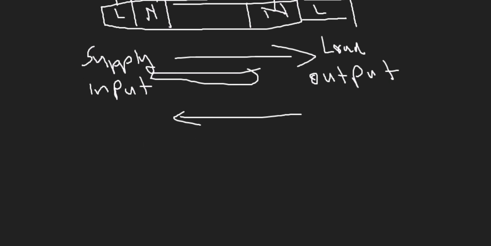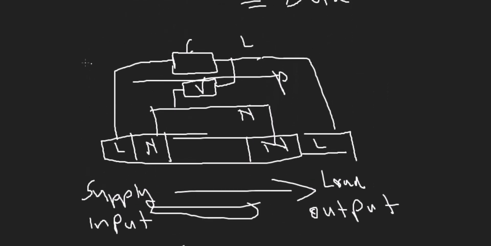The reason for a current coil and a voltage coil is because we measure the power in voltage times current. This one is determining the voltage, this one is determining the current.